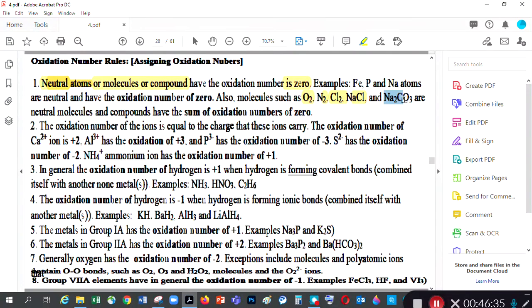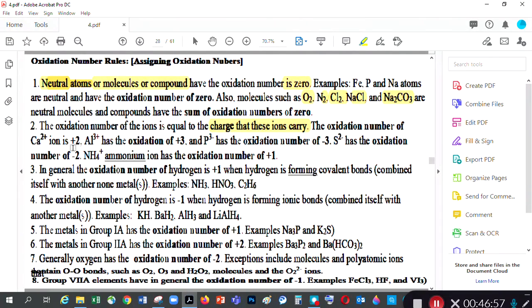Sodium carbonate, the total sum of the oxidation numbers of this compound is 0, because there's no charge on it, correct? So the oxidation number of ions is equal to the charge that the ion carries.